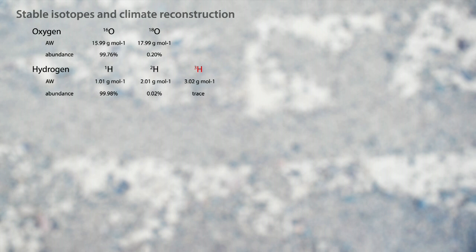These isotopes can be used to estimate past temperatures. Here's one reason why. Take a drop of water, for example. This drop will contain a mixture of water made mostly from the light isotopes of oxygen and hydrogen, and a small proportion of water made from heavy isotopes of these elements.